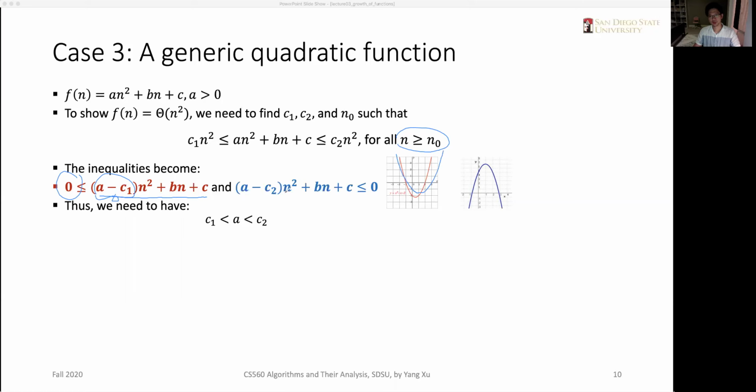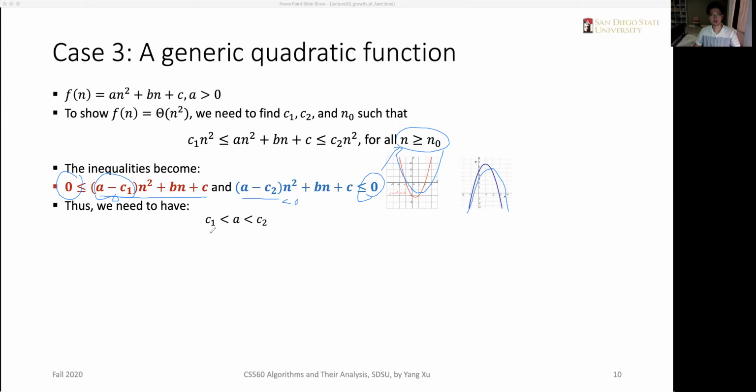And if we want the quadratic function to be smaller than 0 for all the n that's greater than n0, then it must be facing downwards. The opening must be facing downwards. Okay? So we must have this term to be smaller than 0.